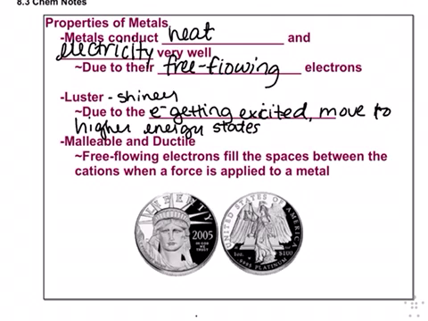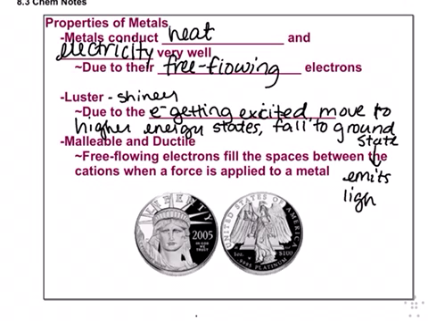And almost immediately, as soon as it reaches that higher energy state, it will fall back to the ground state. And when it does that falling, it emits light. And that light is that luster that we see.